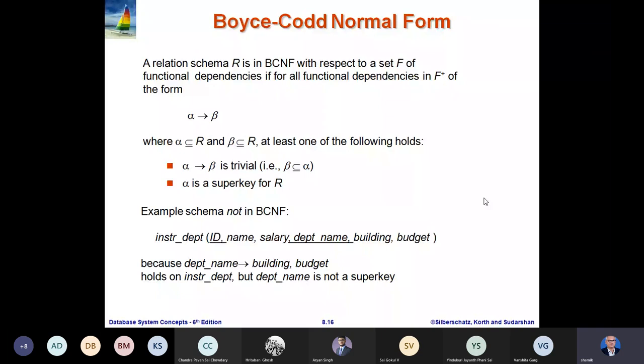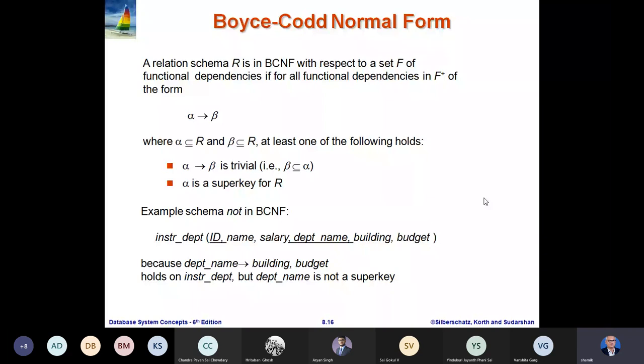then we can immediately, as good designers who have understood the concept of normalization, figure out that this schema is not in BCNF, because department name is on the left hand side of a functional dependency, that is alpha, and department name itself is not a super key.